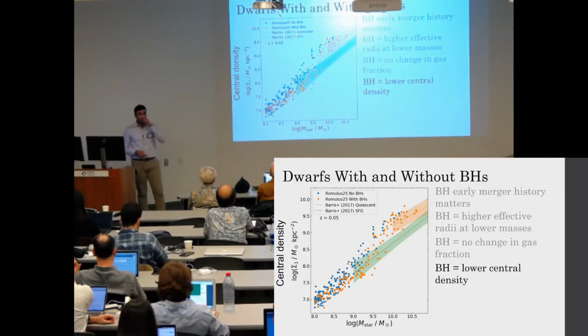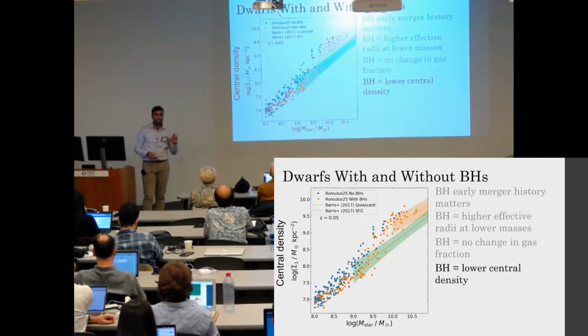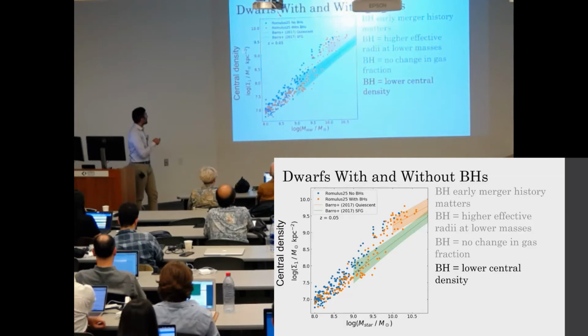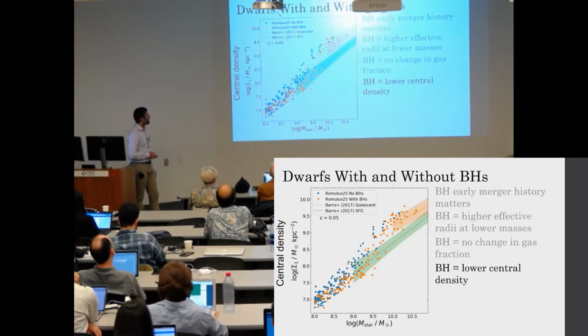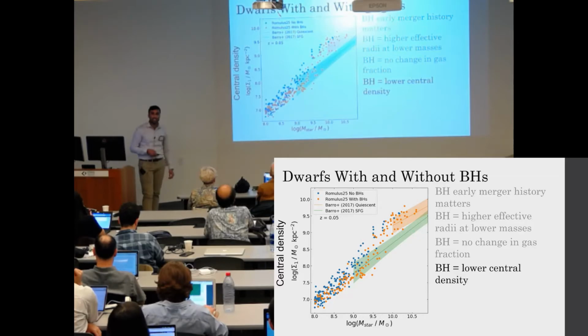Now, the third structural property that I looked at had to do with the central density. What I have plotted on the y-axis here is the surface density of stars within the inner kiloparsec of the galaxy, plotted against the stellar mass. And what we find is that there's a systematic shift between galaxies that have black holes and do not have black holes, and that those that do have black holes tend to have lower central densities.